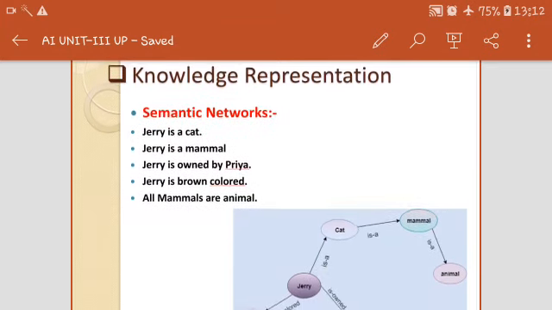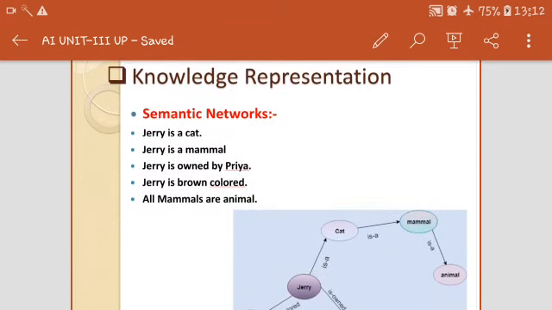Okay, so what is a semantic network? It is a knowledge representation technique with the help of which we represent knowledge in a graphical structure. There are different problems in proposition logic and predicate logic which can be overcome in a semantic network.